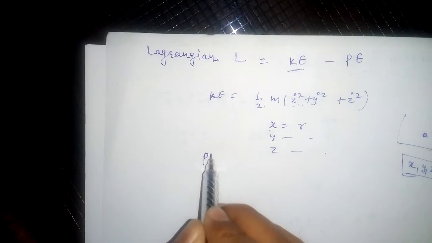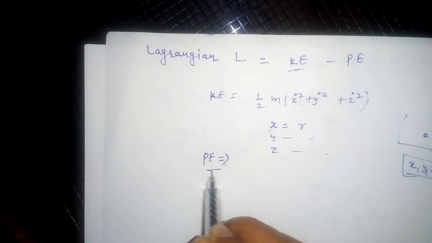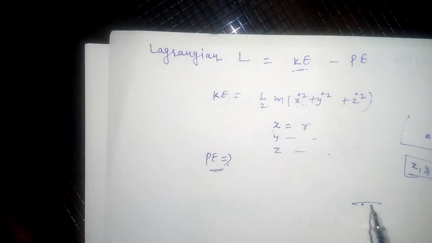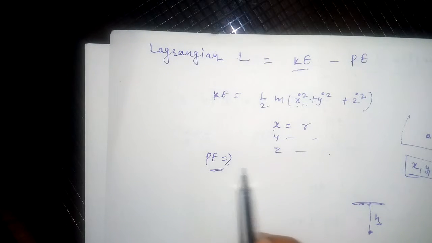And then potential energy, how can we find it? For potential energy, first take the reference point and then take the height of that object from the reference point. If this is the reference point and the object lies here, then take this height h or any other parameter, and the potential energy will be mgh.